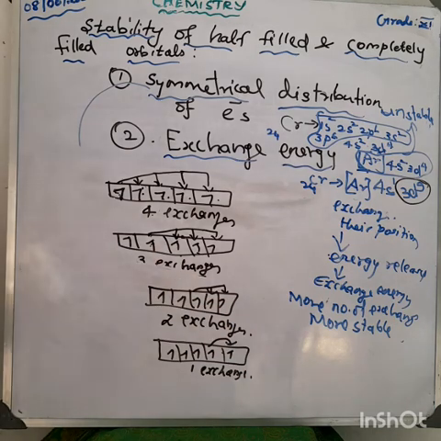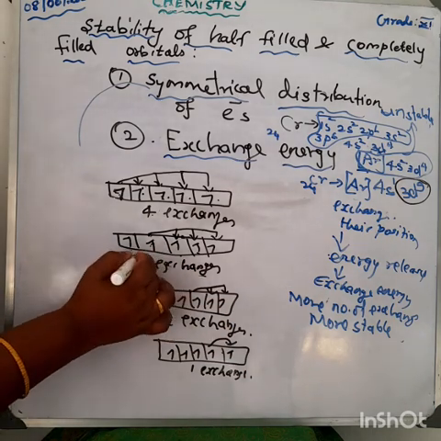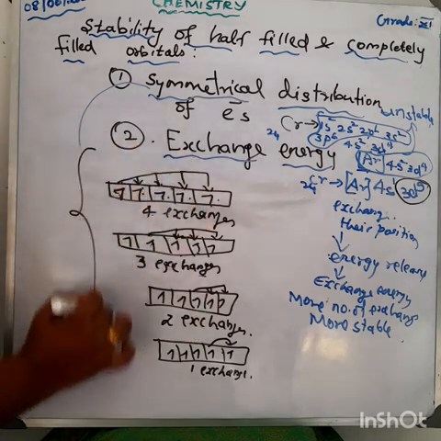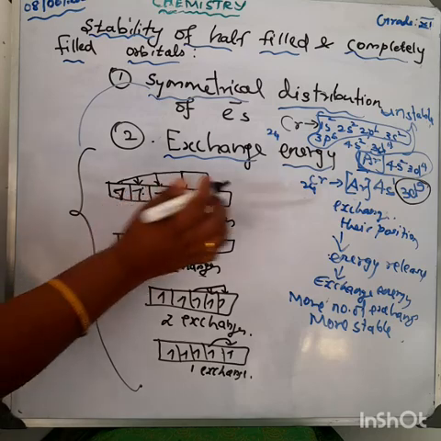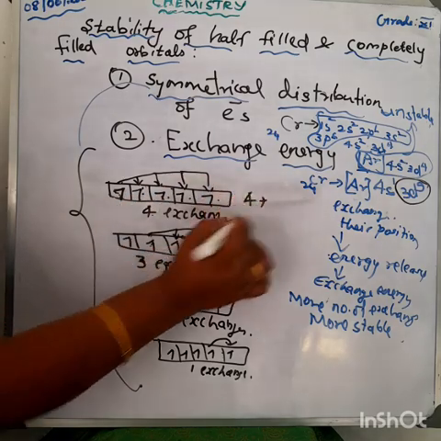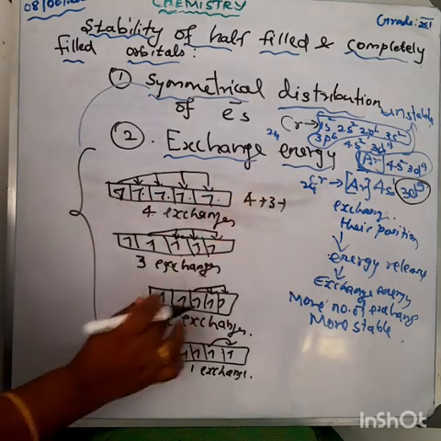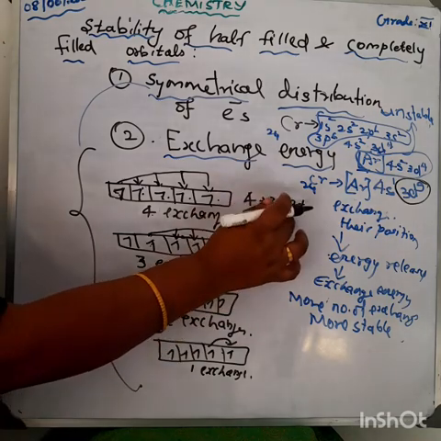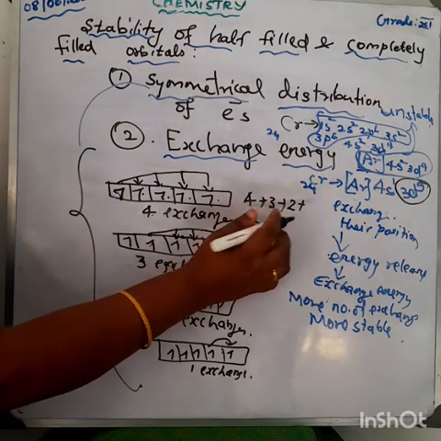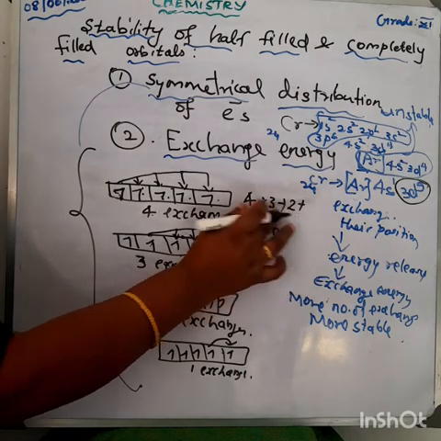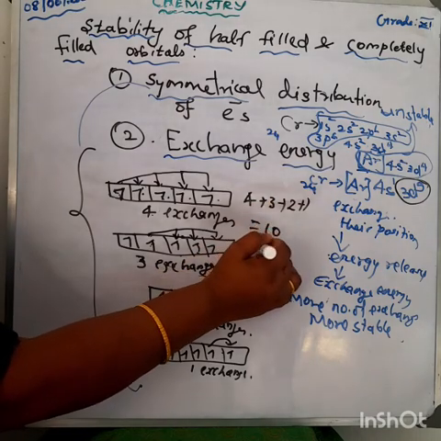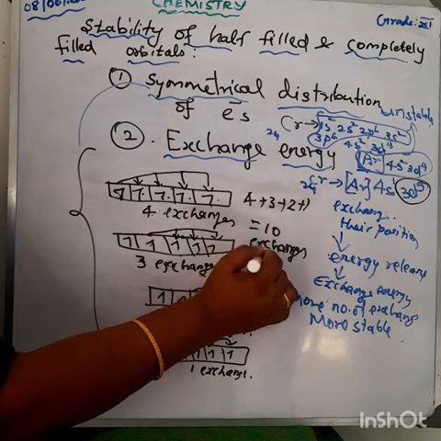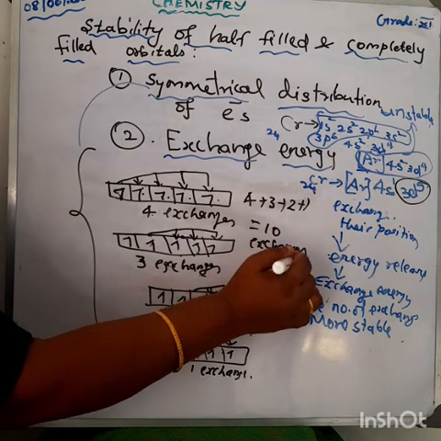So overall, for this half-filled configuration, the exchanges are 4 plus 3 plus 2 plus 1. Totally 4 plus 3 is 7, 7 plus 2 is 9, plus 1 is 10 exchanges possible for the half-filled orbital of the chromium atom.